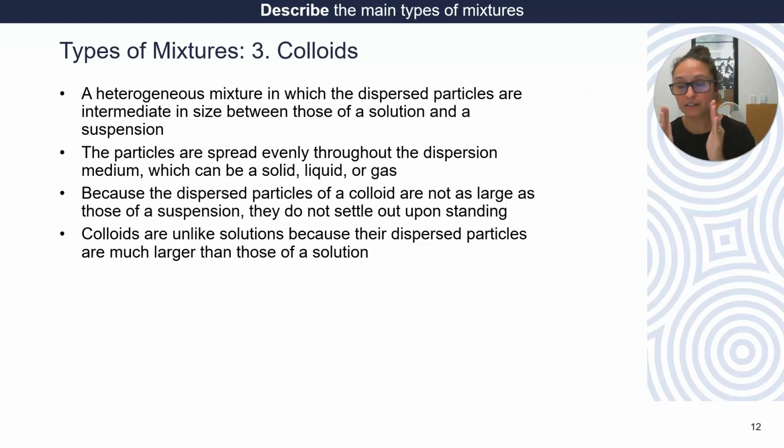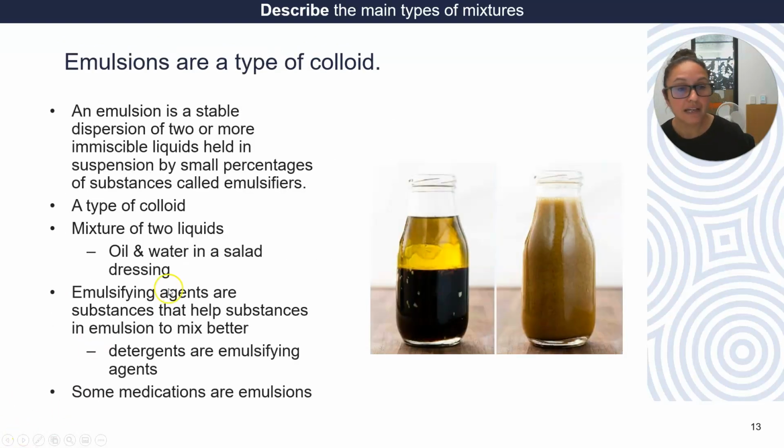In a colloid, the solute is in between in the size. Pretty much that's all it comes down to. Size of the solute, because the solvent stays the same. It's usually water. Now this one is a type of colloid.